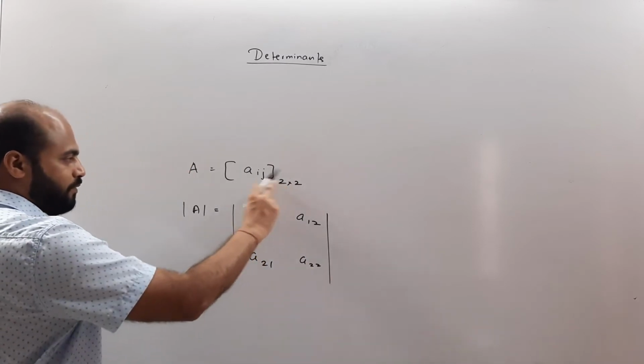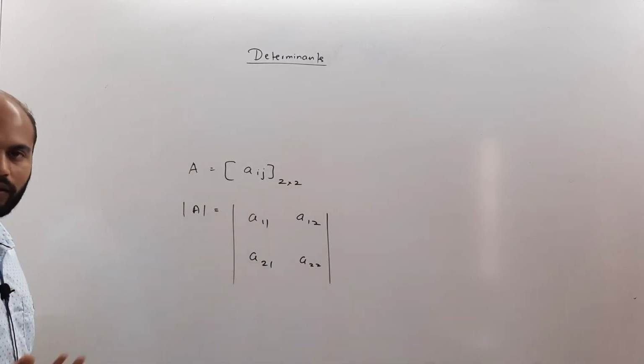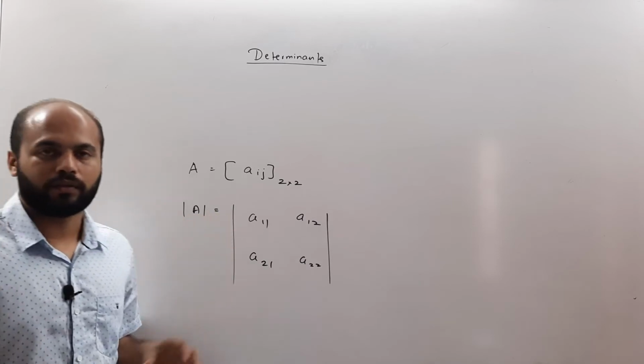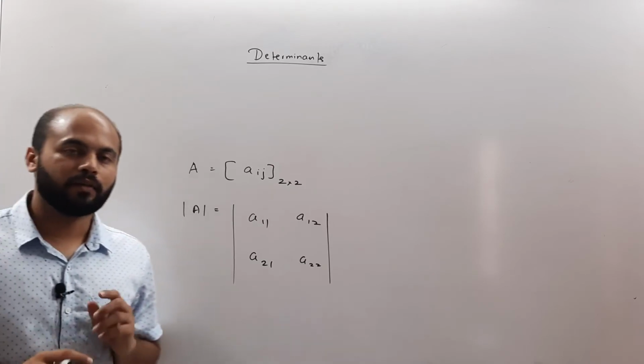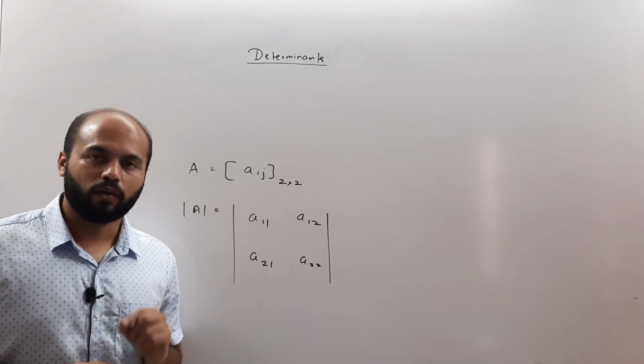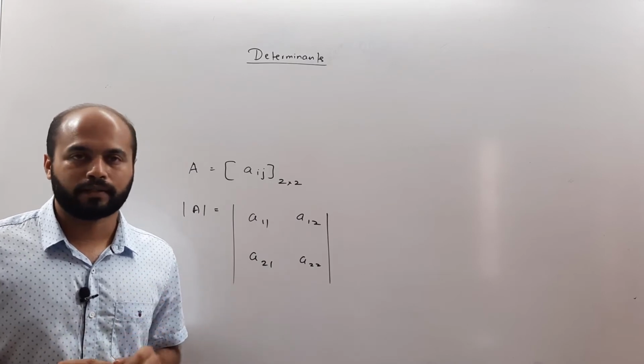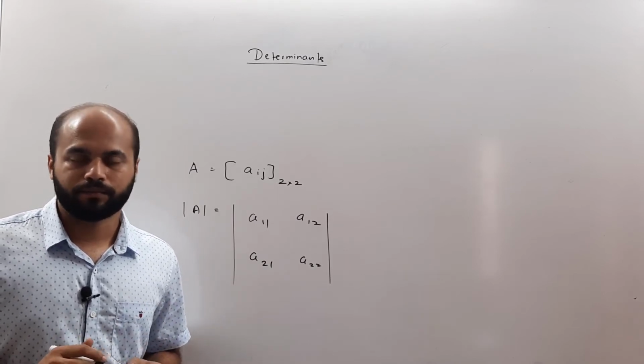If the same thing was given for 3 cross 3, then I would have written a 3 cross 3 matrix and the determinant of it. So the process remains similar. Now once we know this, we should also know a very important condition that the determinant of a matrix can be found only when the matrix is a square matrix. This is another important condition.